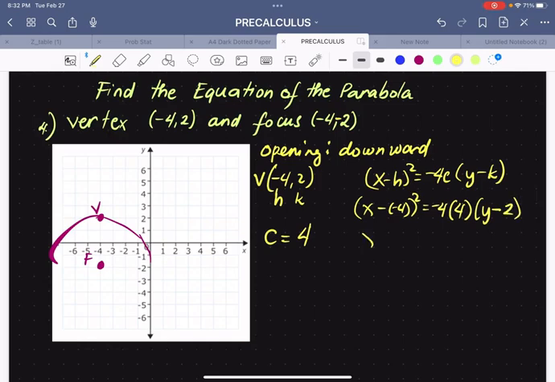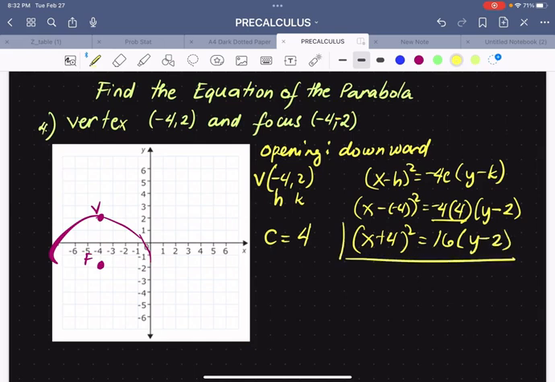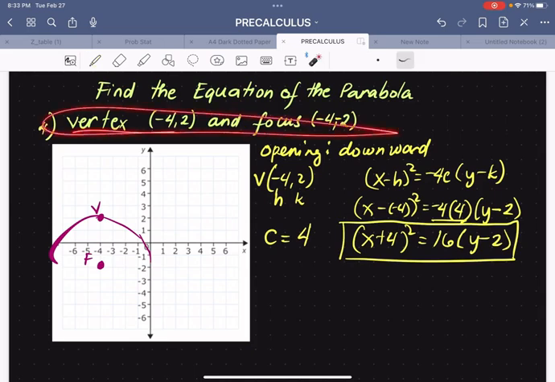Then (x plus 4), minus negative becomes plus, quantity squared is equal to negative 16 (y minus 2). So this is the equation of the parabola that satisfies this condition.